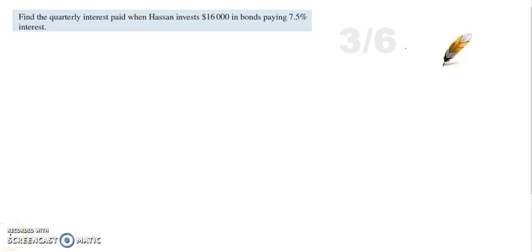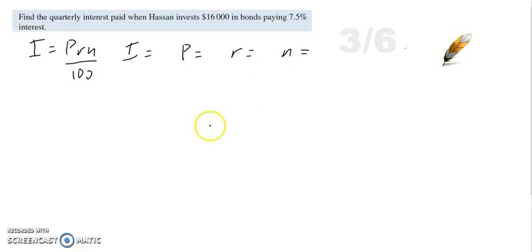So we always start the same way. Write down your formula. Write down the information. We know we've got 7.5%. Fill that one in. It's easy. We want quarterly interest. I'll come back to that. 16,000 is our principal. And we are trying to find out the interest.